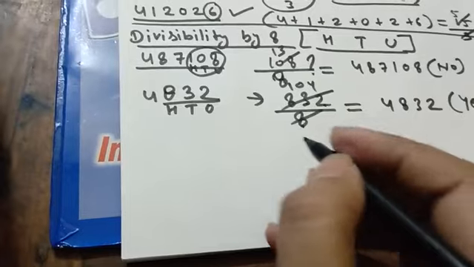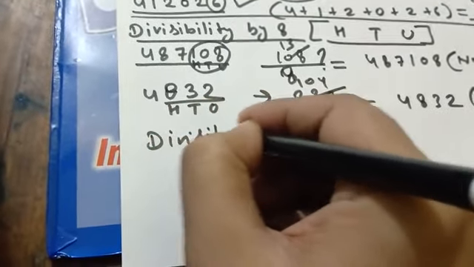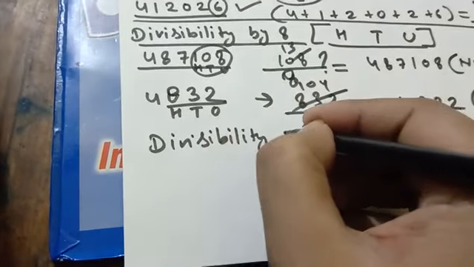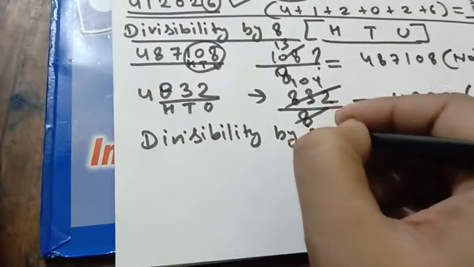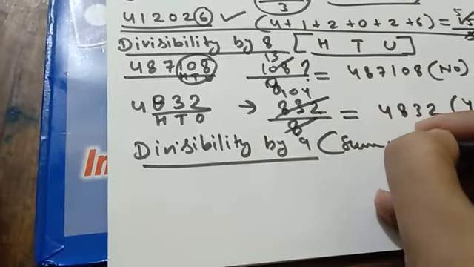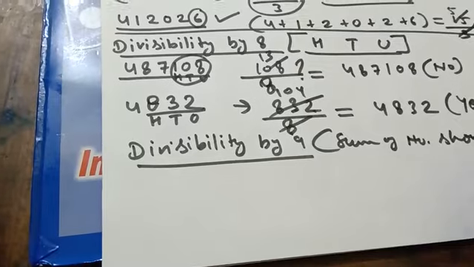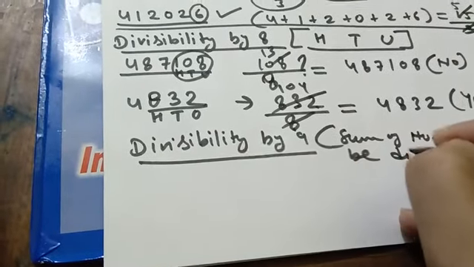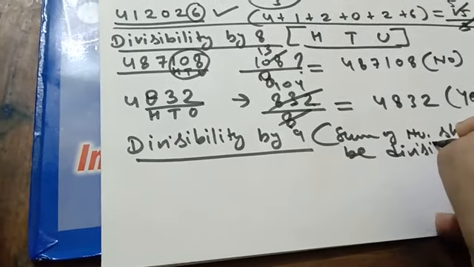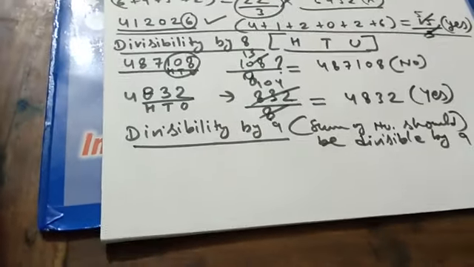Test divisibility by 9. Divisibility by 9. The sum of the digits of the number should be divisible by 9. This is the general rule.